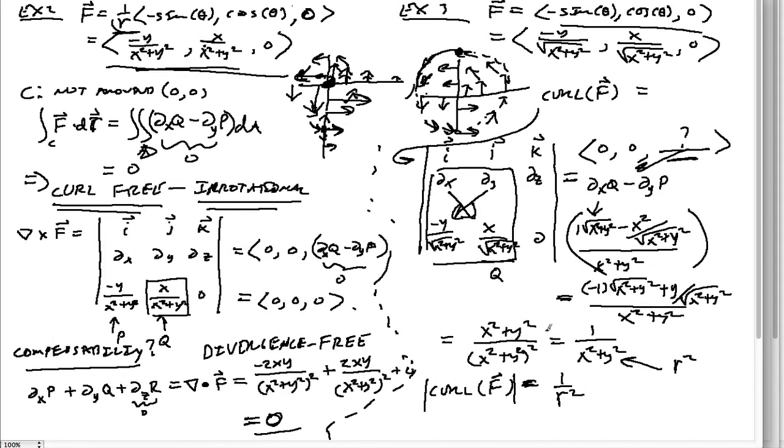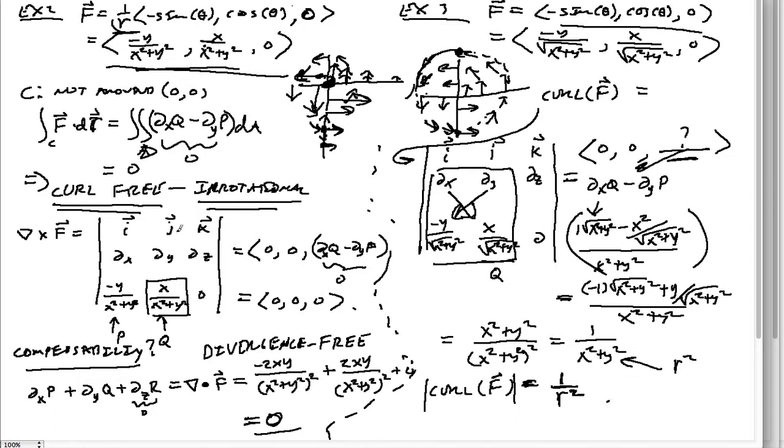All right, so that's interesting. Here there was no swirling around the axis because it had this 1 over r dependence in the vector field. But when we take out the 1 over r dependence, all of a sudden we get some vorticity around every point, and that vorticity is proportional to how far you are from the origin squared.